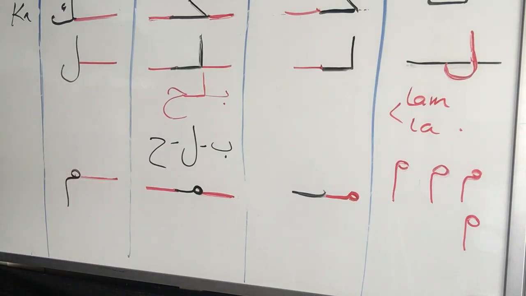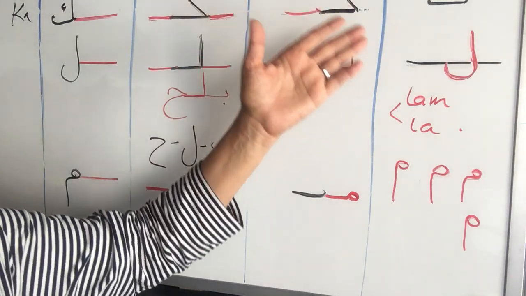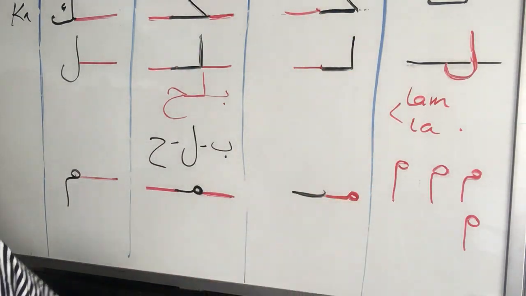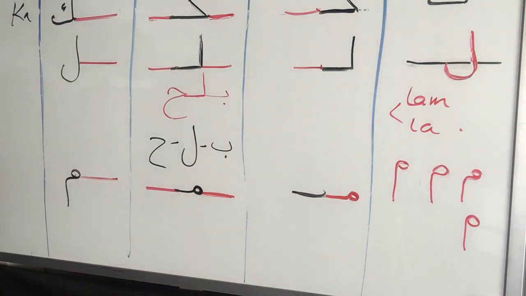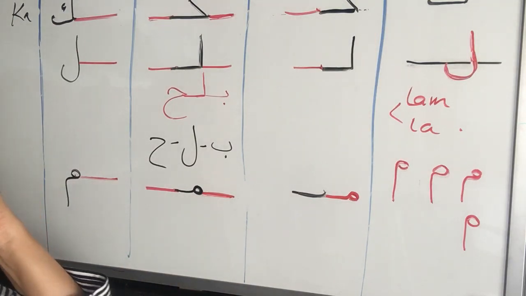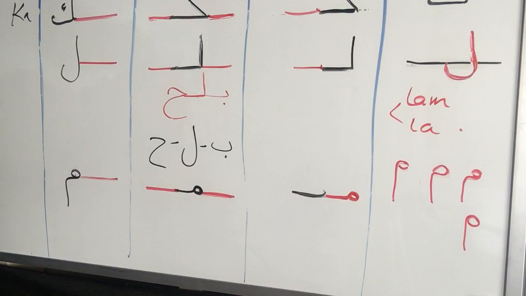So this is mim. We did kaf, lam and mim. Ma, ma, ma. After mim, can you tell? Fa, ka, la, ma, na, or n. Look at na.